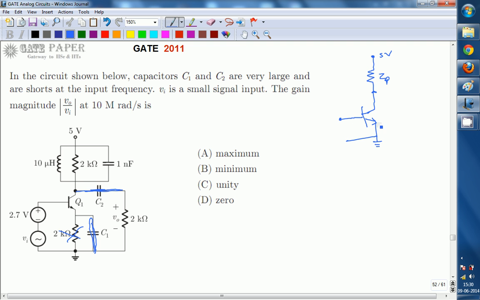This is the voltage source, and it is connected across RL, with output V0. If you draw the AC equivalent circuit, RL and ZP will be in parallel.